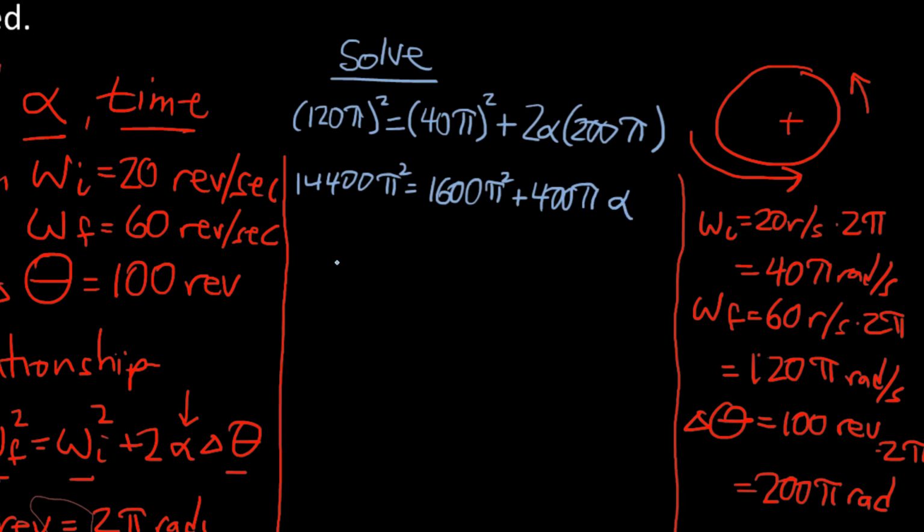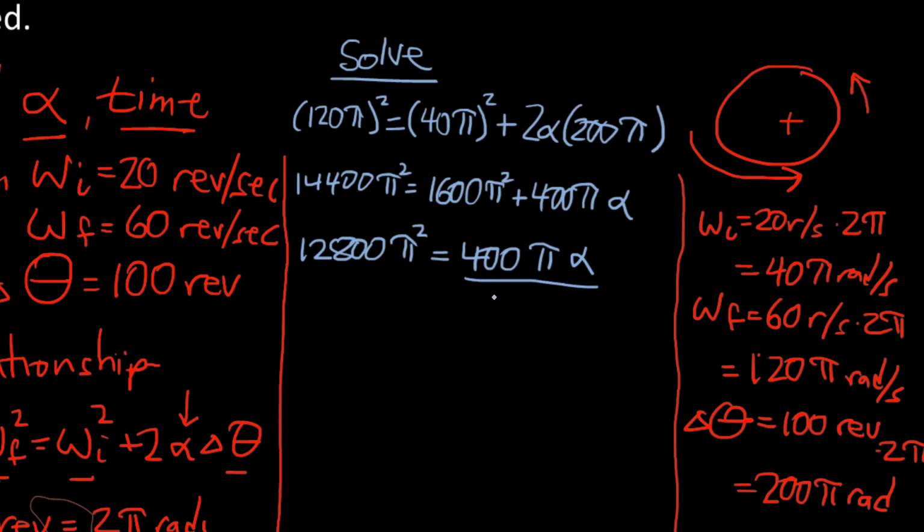If I take 14,400 pi squared and subtract 1,600 pi squared, I end up with 12,800 pi squared, which is equal to 400 pi alpha. We're trying to get alpha all by itself.